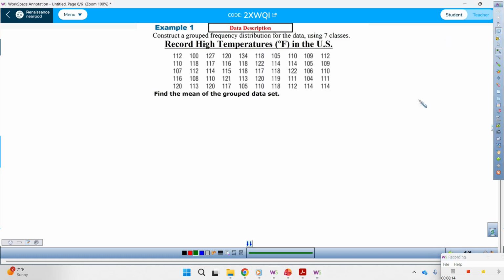So, step 1. Tell your neighbor what step 1 is, please. Greatest minus the least? Yes, that is the range. So let's find the range first.